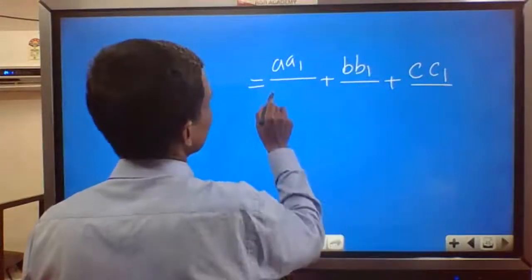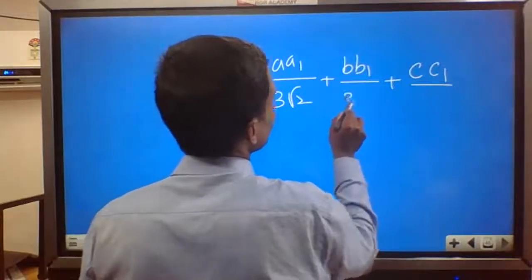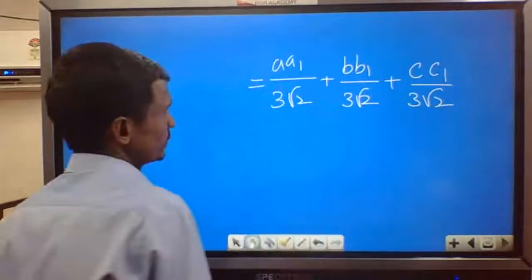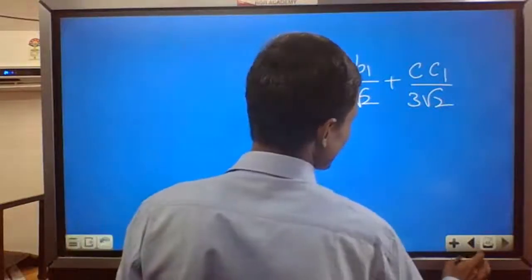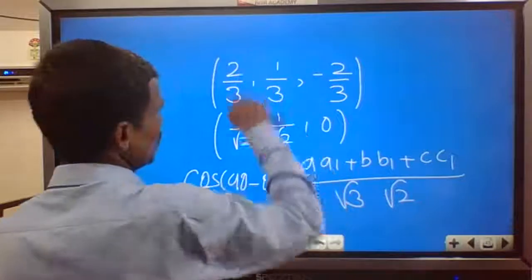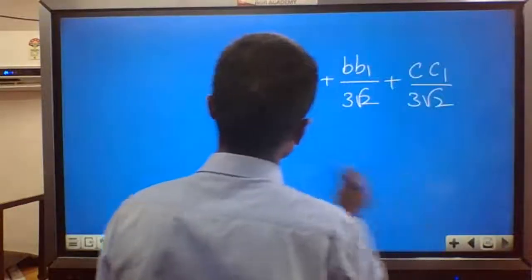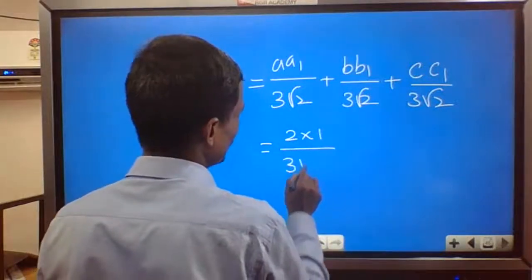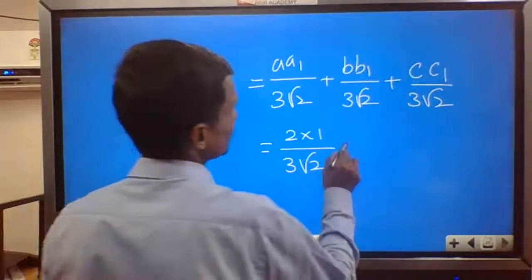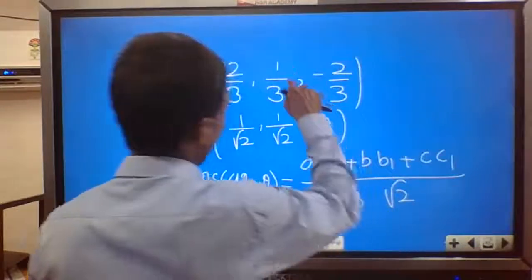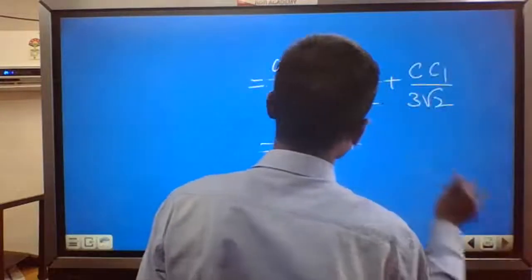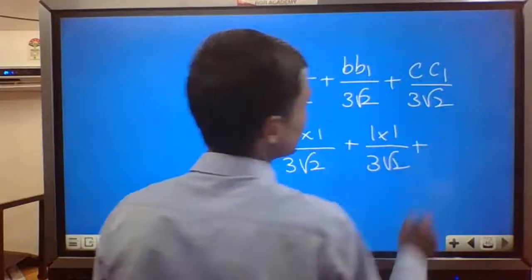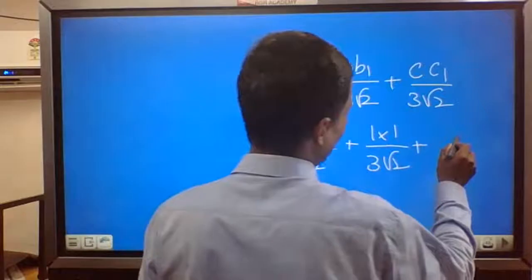So it is 3√2 in each. Here a1: 2 into 1 divided by 3√2, plus b1: 1 into 1 divided by 3√2, plus c1 divided by 3√2, which is 0.